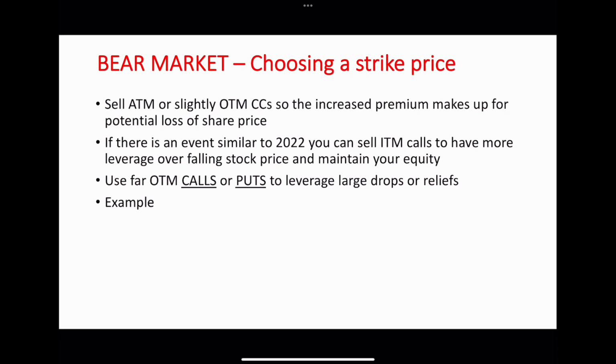I will sell at the money or slightly out of the money covered calls. That way I can make a little bit more money on the premiums while navigating the stock price possibly falling or staying flat for the week. If there's an event similar to 2022, where over the course of 3, 4, or 5 months the stock price decides to drop drastically, you can sell in the money or deep in the money calls.